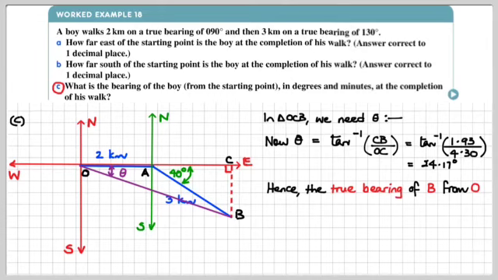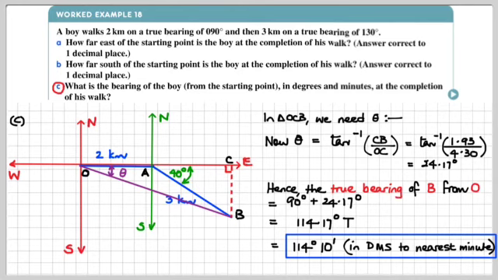So that the true bearing of B from the origin, the starting point here, would be 90 plus the 24.17, which would be 114.17 degrees. Now, if you take the 0.17 and multiply that by 60, you'll get 10 point something, which is 10 minutes to the nearest minute, all right?